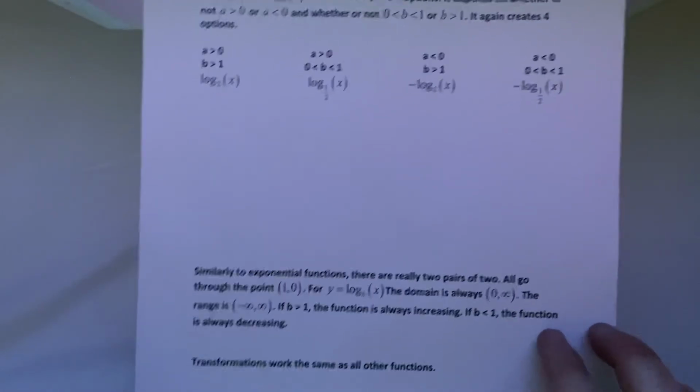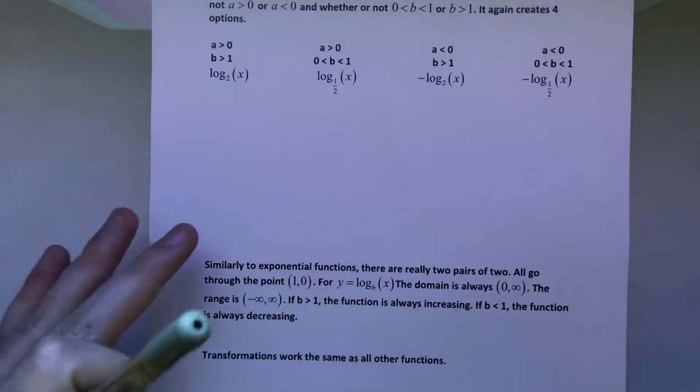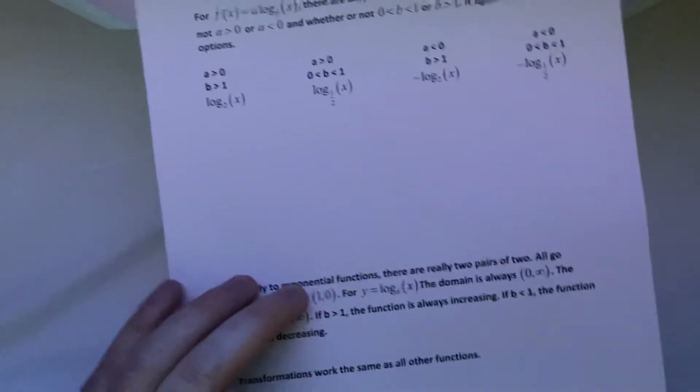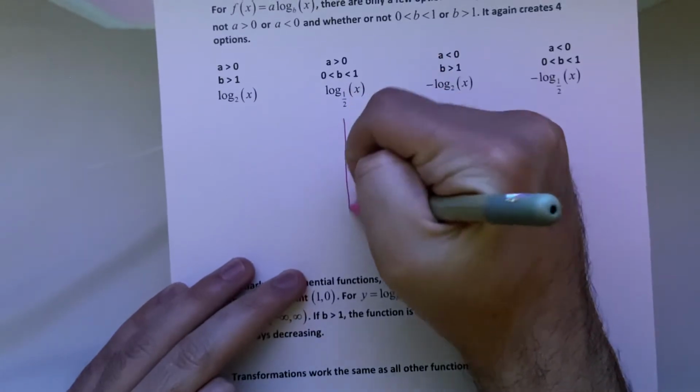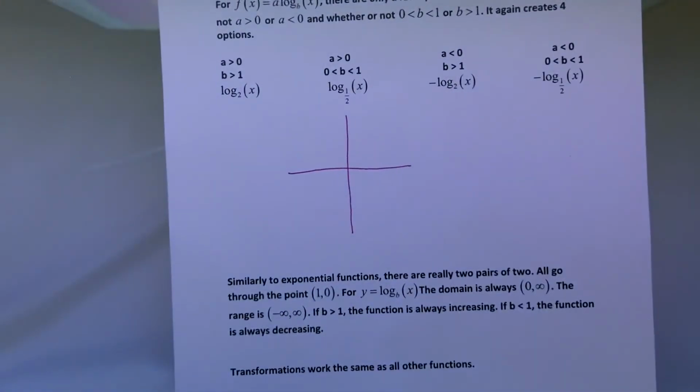Now, we can talk about what logarithms look like, but just like exponentials, there's not a whole lot of options here. We just saw what log base 2 of x looked like on the other side. Log base 1/2 of x will do the same thing, kind of, but it's the inverse of 1/2 to the x, which gets big on the left side and small on the right side.